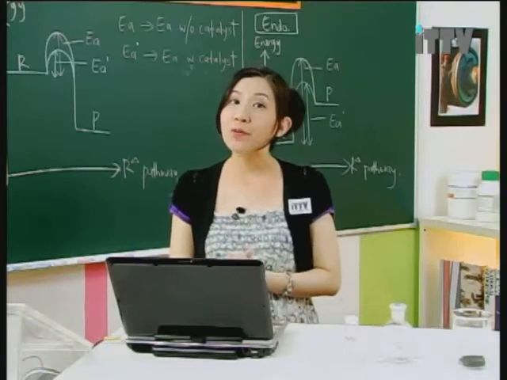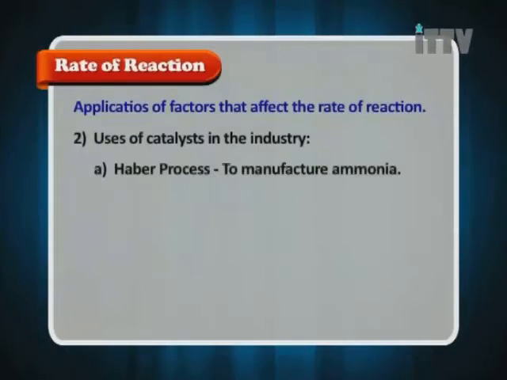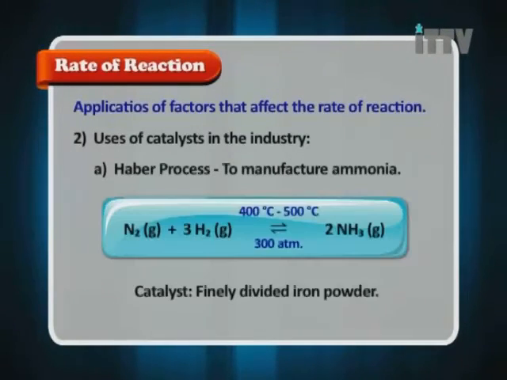Let's look at the slide for the first example. In the Haber process, it is to manufacture ammonia. As you can see from the equation, gaseous nitrogen reacts with gaseous hydrogen to produce ammonia gas. And the catalyst for this reaction would be finely divided iron powder.